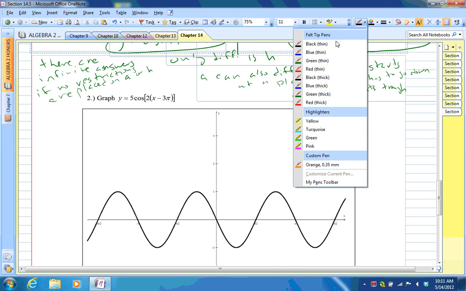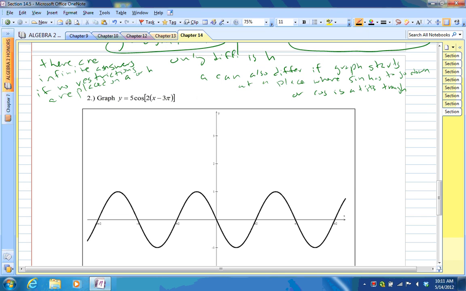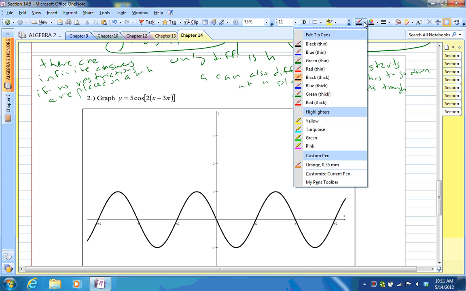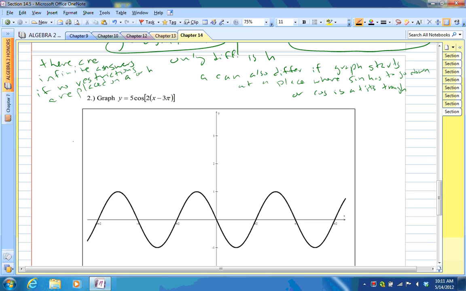Interesting, it does not want me to cross it off. Let's try again. Alright, this is getting a bit frustrating. Anyway, that's what I'm trying to do there. Okay.